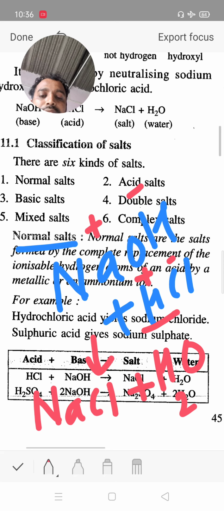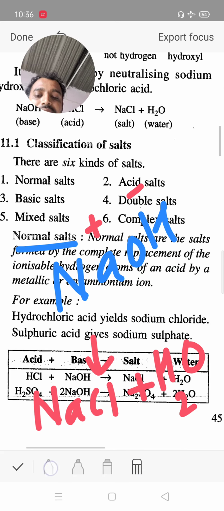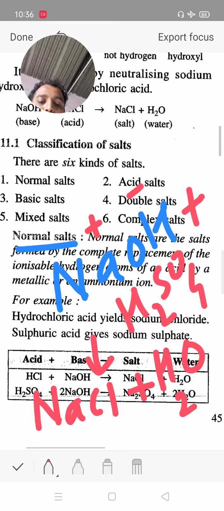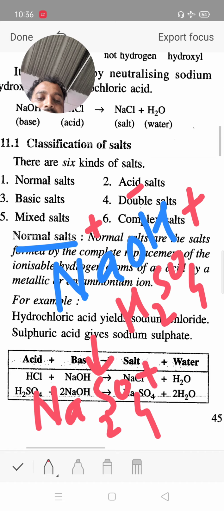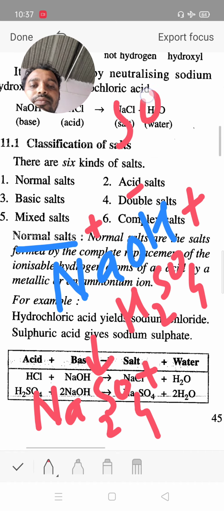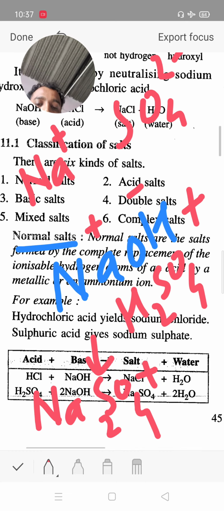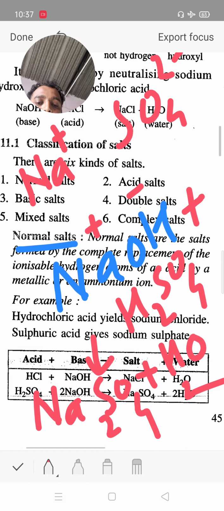For the second example, when NaOH reacts with H2SO4, we already discussed this example. NaOH plus H2SO4 also produces the salt Na2SO4. Sodium valency is plus 1, SO4 is minus 2. Therefore, Na is used 2 times, so Na2SO4 and water as byproduct.